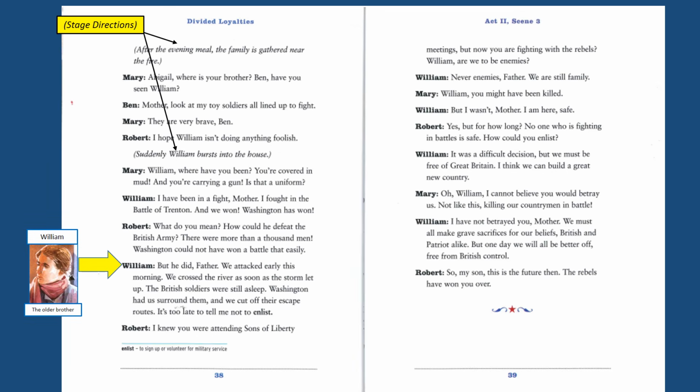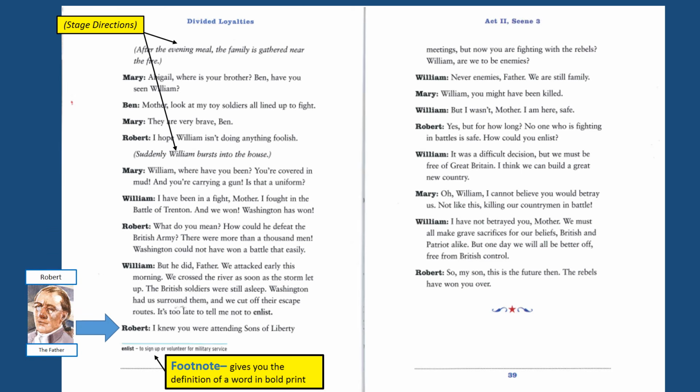But he did, Father. We attacked early this morning. We crossed the river as soon as the storm let up. The British soldiers were asleep. Washington had us surround them, and we cut off their escape routes. It's too late to tell me not to enlist. I knew you were attending Sons of Liberty meetings, but now you are fighting with the rebels? William, are we to be enemies?